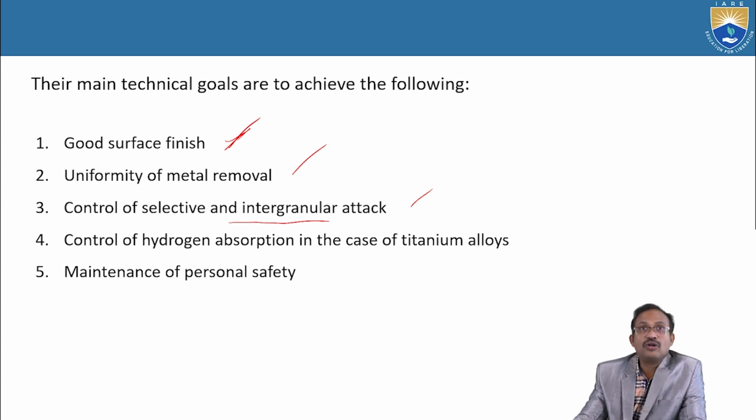Next, control of hydrogen absorption in the case of titanium alloys. Maintenance of personal safety. Why? Because we are dealing with chemicals, so definitely there will be a chance of chemical damage or personal injury. So we have to maintain personal safety.